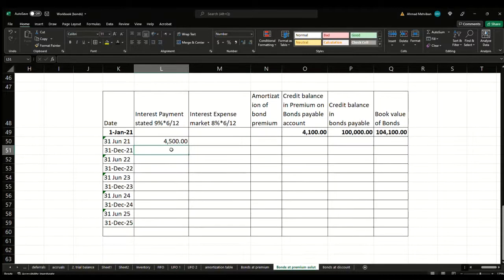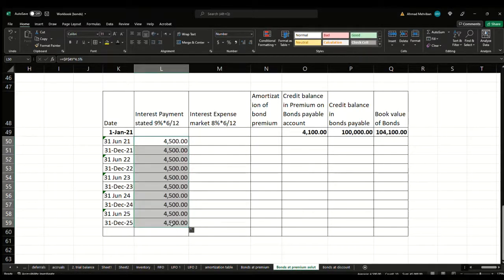And since that value is not going to change, we're continuously going to multiply 100,000 by 4.5% until the very end. So the interest payment is going to be 4,500 semi-annually.